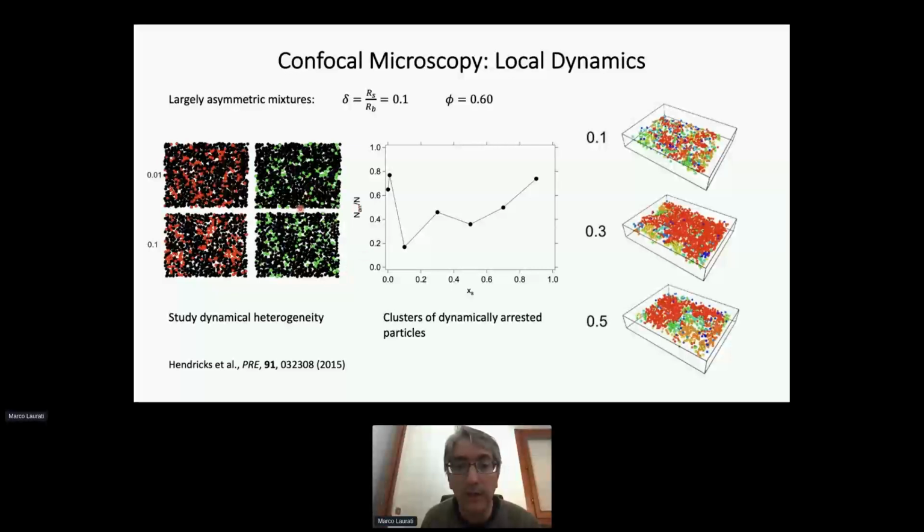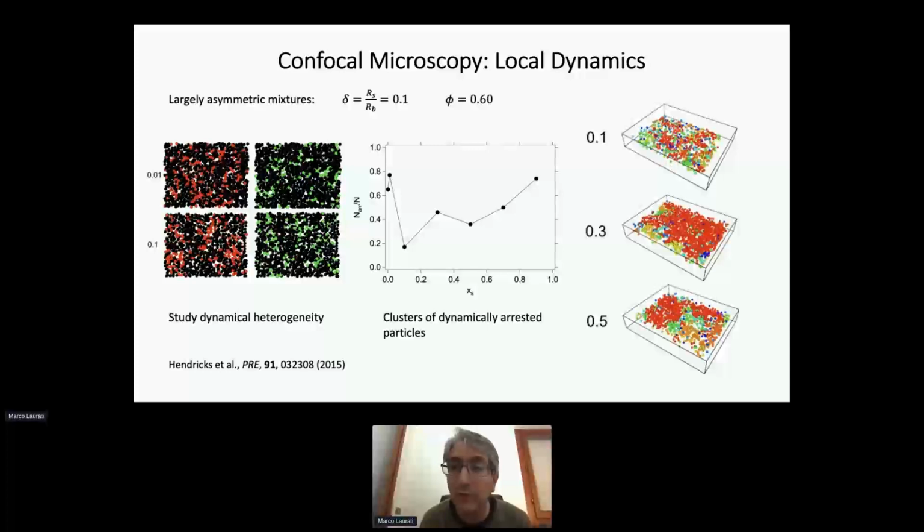Not only that, we can also combine information on the dynamics with information on the structure. Here we were able to define the arrested particles within the set of particles investigated in a sample, and then define clusters of dynamically arrested particles.